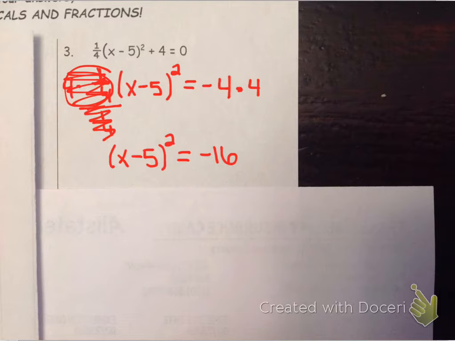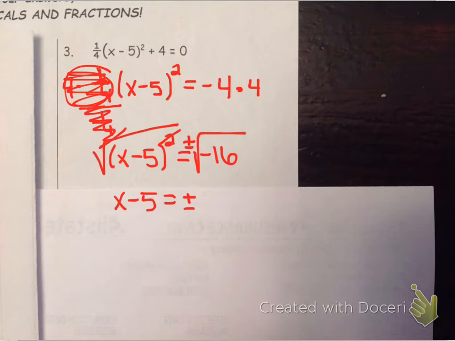And then this time around, when we square root both sides, so we square root the left to get rid of the squared, of course. When we square root the right side, we still need to remember to do plus or minus. But this time there's a negative inside the square root. And so when we square root it, we get plus or minus still, because we did do that.